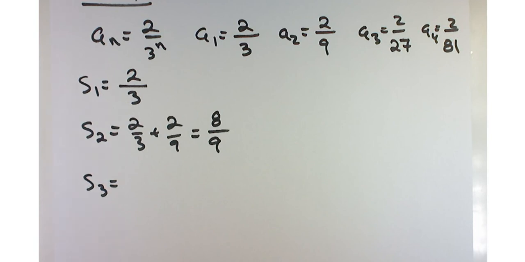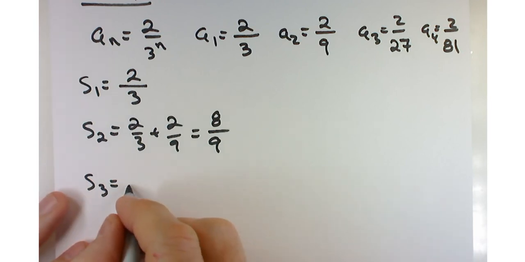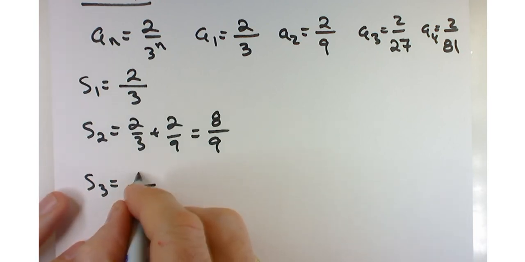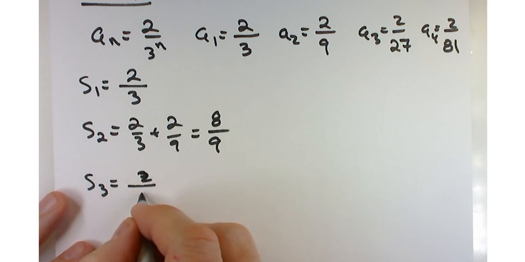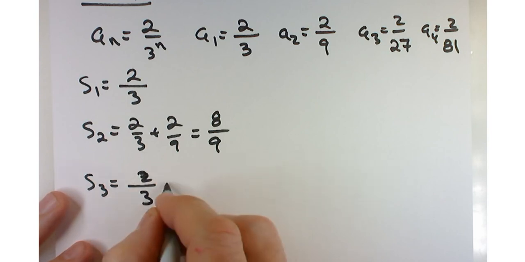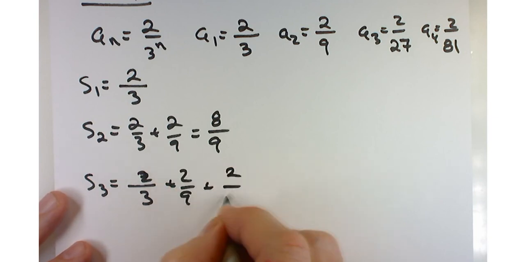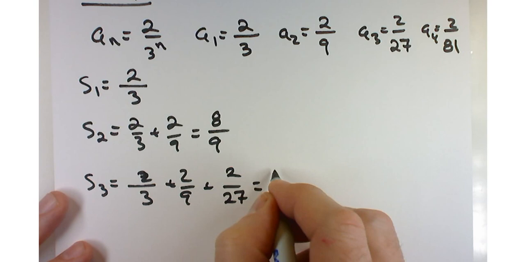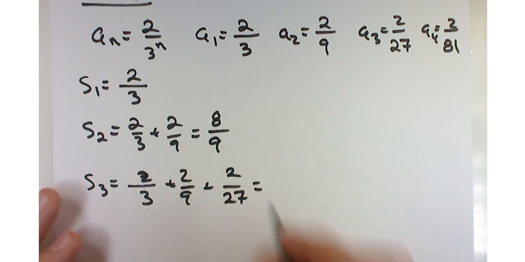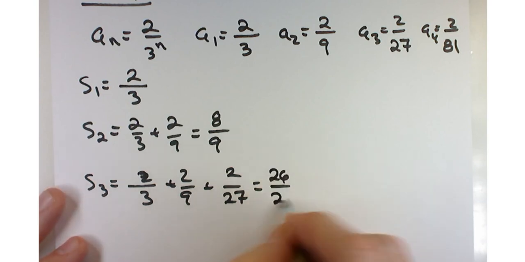Annie, what do I have to add up to get S sub 3? It would be S of 2 plus 2/27. So it's gonna be 2/3 plus 2/9 plus 2/27. And that one, interestingly enough, is gonna give you 26 over 27.